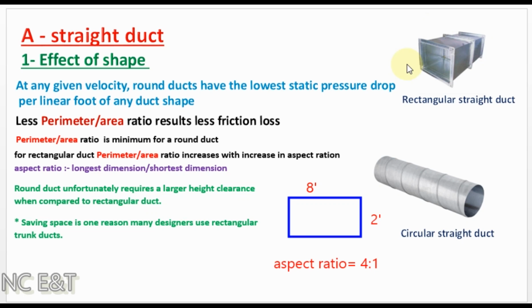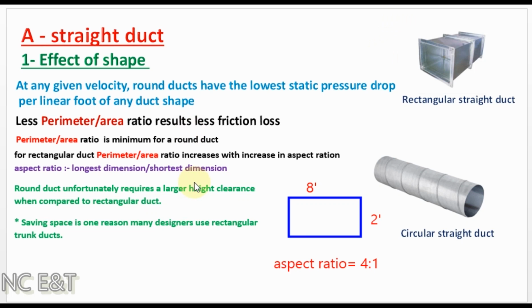If we have the same cross-sectional area for a round duct and rectangular duct, the height required for the rectangular is lesser than the round duct, and normally we are short of space above the false ceiling, so we prefer to install the rectangular duct. You can see most of the shopping malls don't have the false ceiling, and we always use the round duct there, and we paint it to make it decorative.